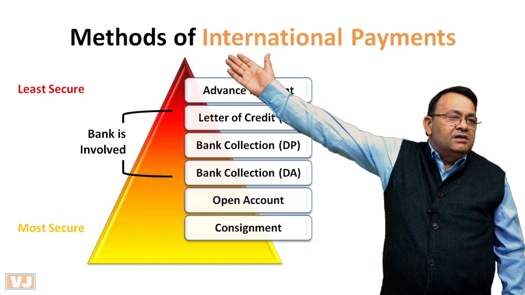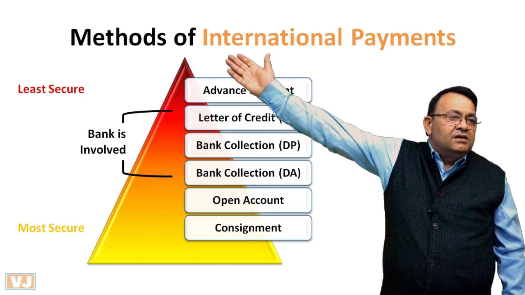Then the second very popular method of making international payment is the letter of credit, that is the documentary credit. This is one international trade financing instrument that has been discussed and researched most internationally. And this is supposed to be the best method for both the supplier and the importer.